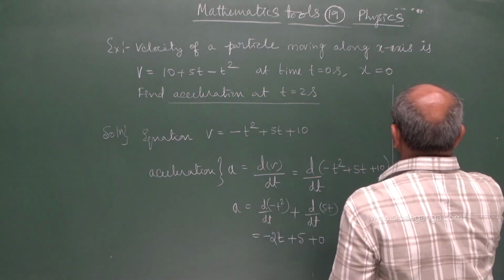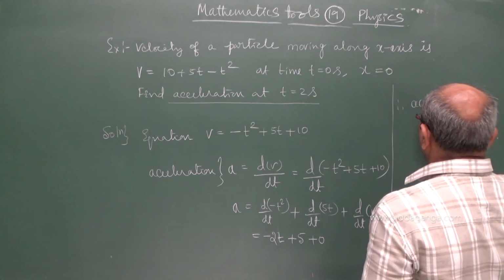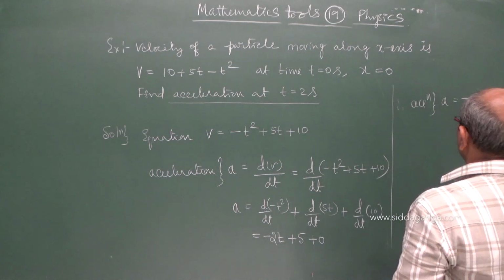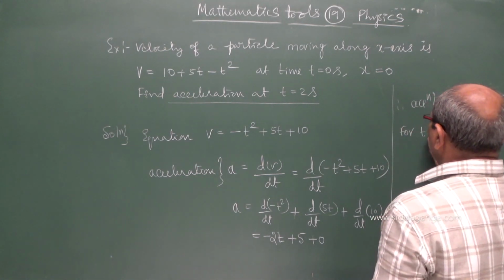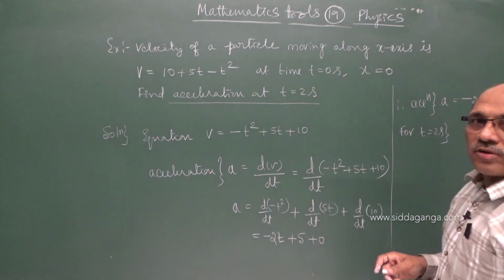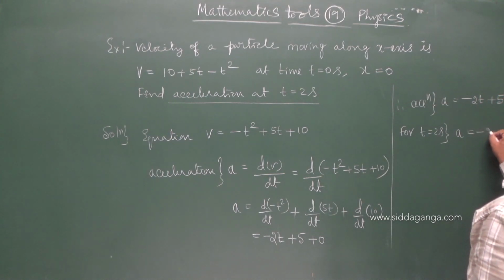Therefore, acceleration A equal to minus 2t plus 5 for t equal to 2 second. Condition given for t equal to 2 second, acceleration equal to minus 2 into 2 plus 5.